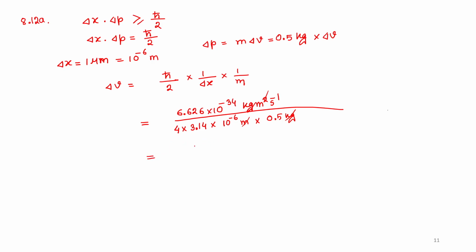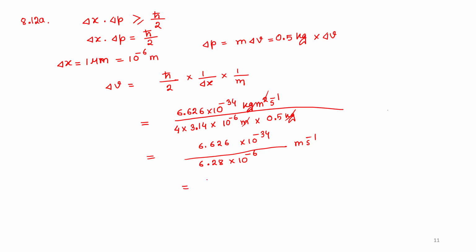So something like 6.626 into 10 to the power minus 34 divided by 6.28 into 10 to the minus 6 meters second.